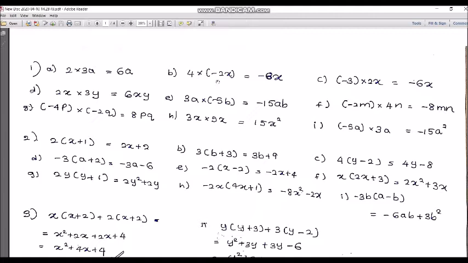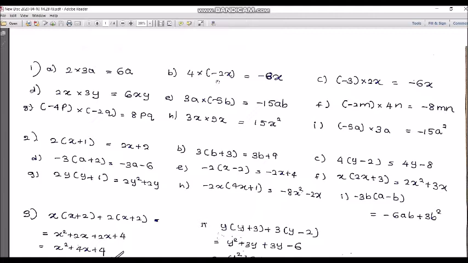So here plus multiplied by minus should be minus, so minus 8x. The c part is also the same, plus into minus is minus x.